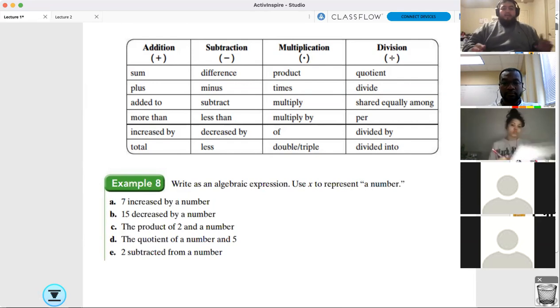Do not skip any of these words, guys. Those phrases are going to be your key to understanding some word problems later on this class.